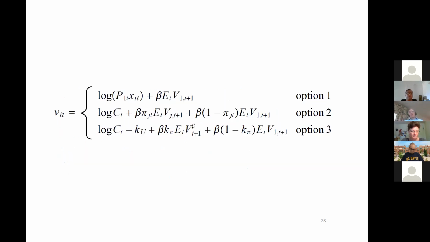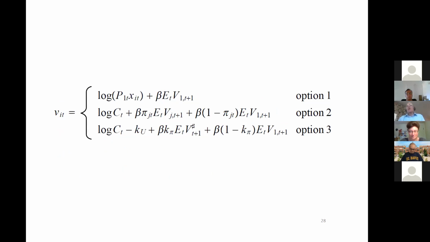So your lifetime value at time t is one of these three things, depending on which you choose. You can choose to stay unskilled, you can choose to try to create a new good, or you can choose to try to specialize in an existing good. And every individual at time t is going to choose the best option among those three.